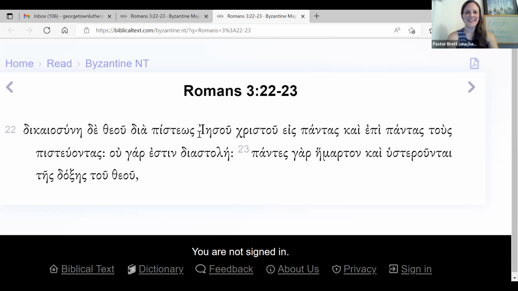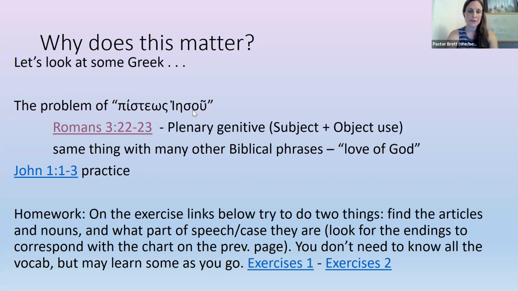Okay, I'm going to go back to my slides for a second. In Greek, this form of the word in the genitive case can be many things. For example, in English, the genitive can do the same thing.